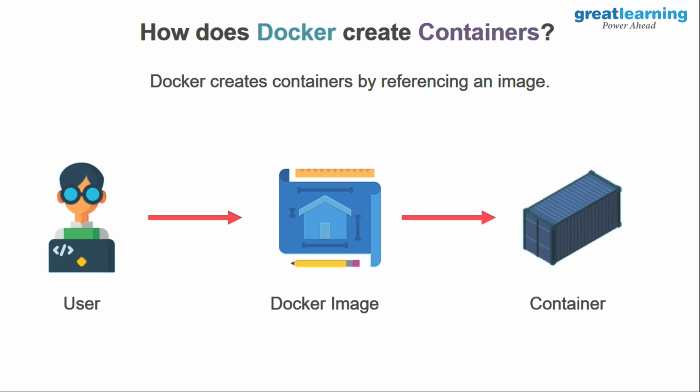So they'll refer to an image, and once they refer to this image, they can create the container. Let's say you want to create an Ubuntu container. You will take a Docker image that specifies that the Ubuntu operating system should be installed within the container. So once this image is referred to while creating a container, the container will have the Ubuntu operating system within it.